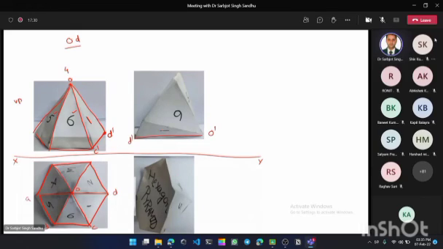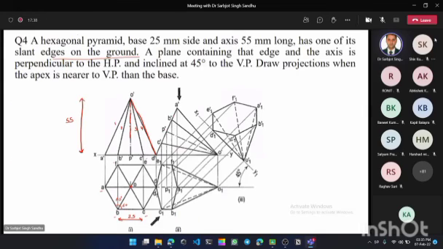It means from the front, again, three faces are visible. So from the front, three faces, face number 1, face number 2, and face number 3. These three faces are visible. When we see this hexagonal pyramid from the top, this face is visible.